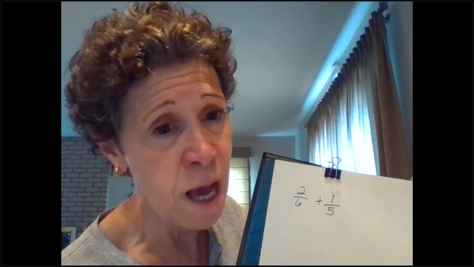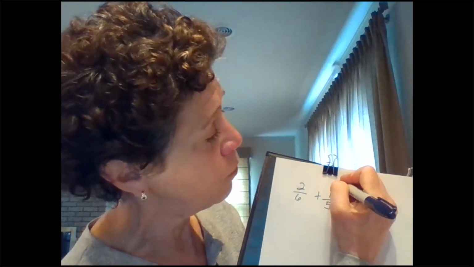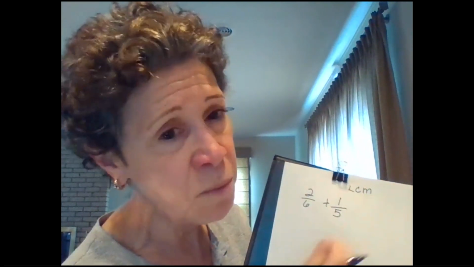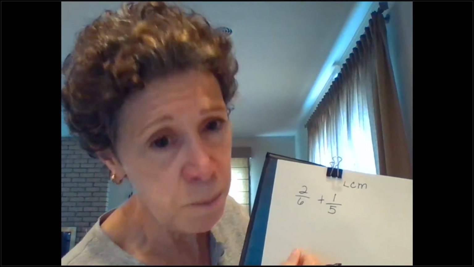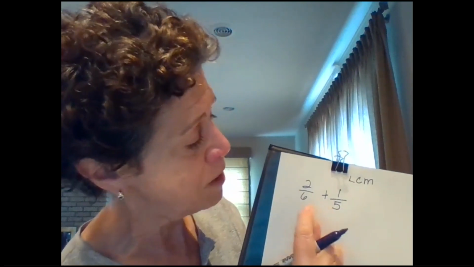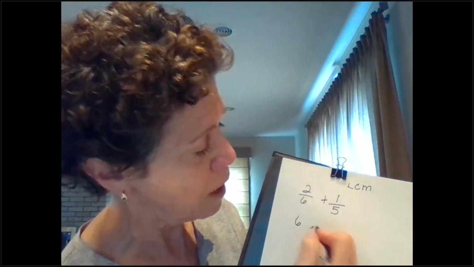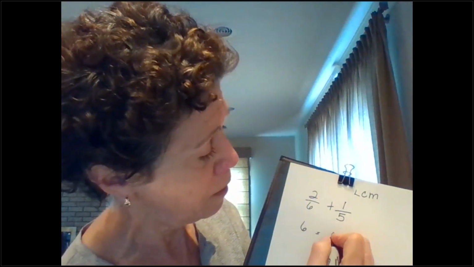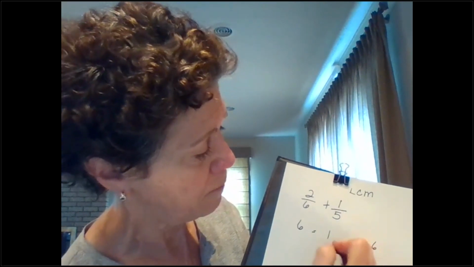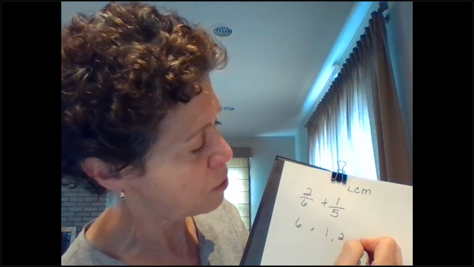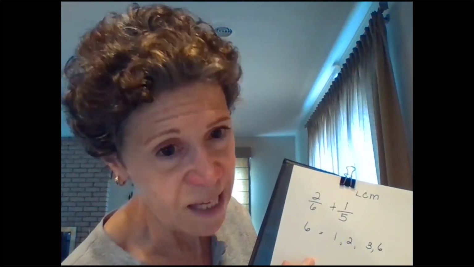a common denominator. And so we are going to use the concept of least common multiple to help us come up with that. So I'm going to take the first denominator, 6, and I'm going to come up with the multiples, okay? So I know 1 times 6, I know 2 times 3, and that's it.